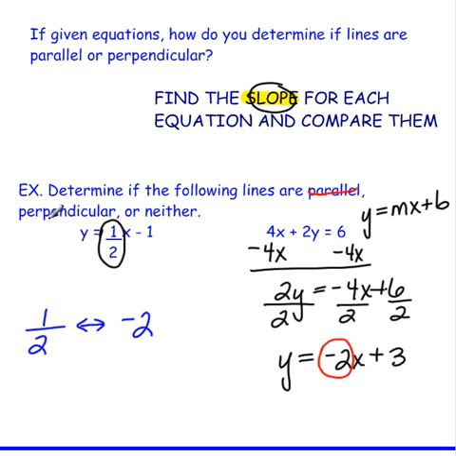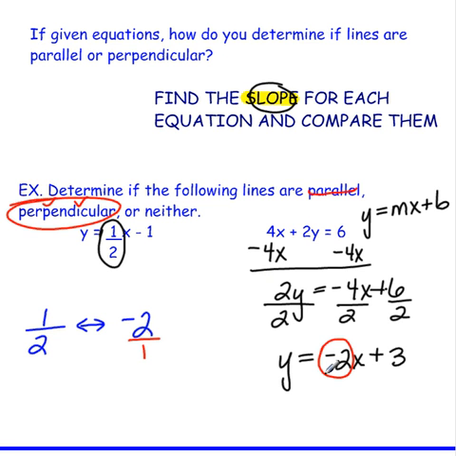Let's go for perpendicular. Perpendicular says they have to be the opposite sign. This one is positive, this one is negative. Okay, so we're halfway there. And then it says it has to be the reciprocal. So let's see, 1/2, then it's flipped, 2/1. So we've got both criteria met for perpendicular.